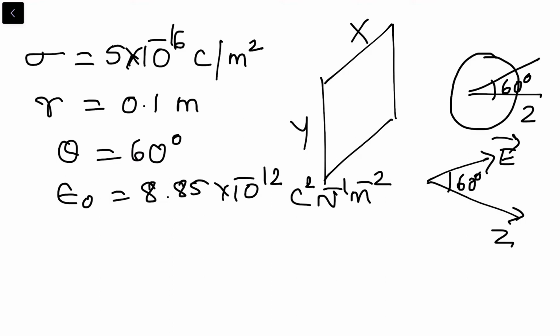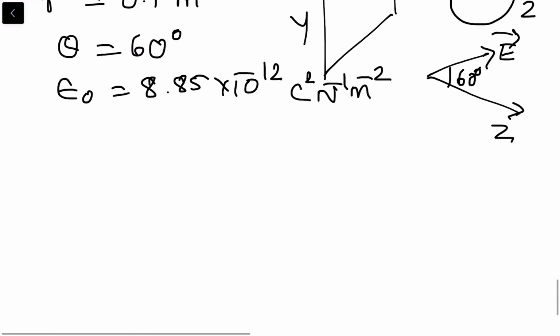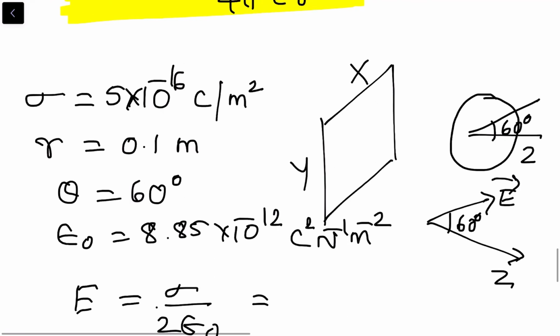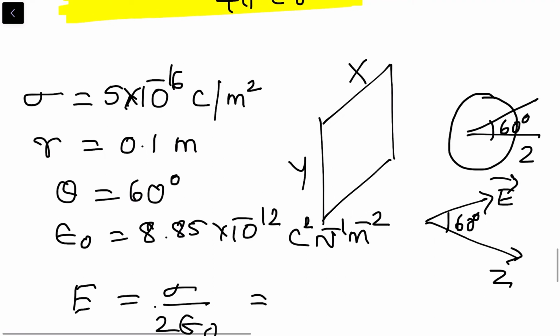And this is what they have given. Just now I have shown you the formula for the plane sheet, and use that one. That is, field due to a plane sheet, E is equal to sigma by 2 epsilon naught. Substitute the value: sigma is equal to 5 into 10 to the power of minus 16.